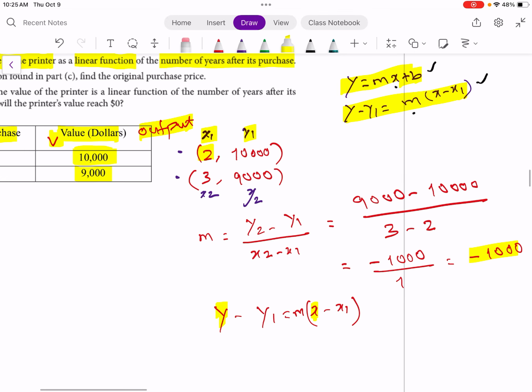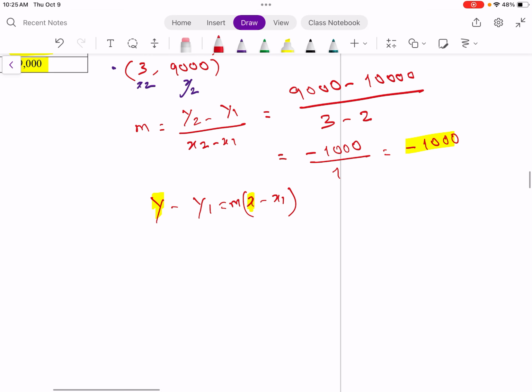We have v, right? So let's replace y by v. Do you agree? Because in general, x always represents input, y always represents output. In our case, we define v as the output and t as the input. So we replace y by v minus y1.